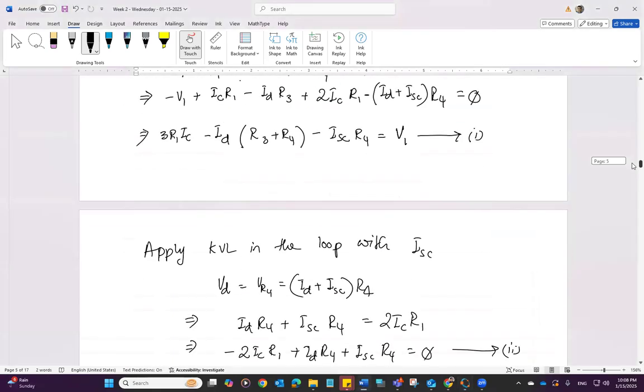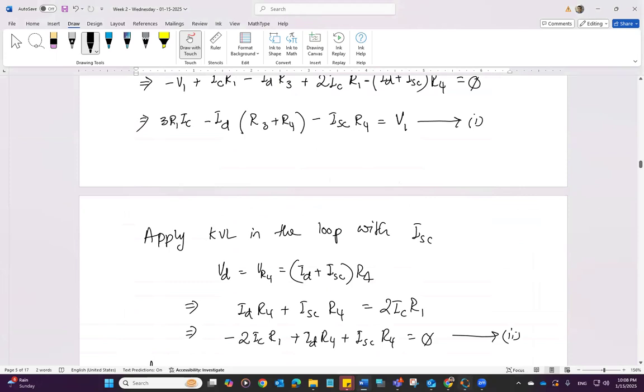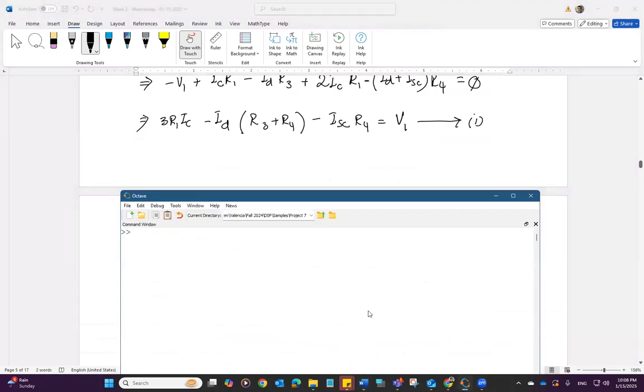I'm not going to delete my variables because I'm still using the same variables. I'm just going to clear my screen. Okay, so from the first one, my A, the first row I see is 3 times R1. And then I have negative R3 minus R4. And then I have negative R4.